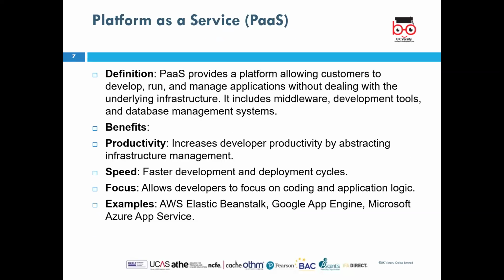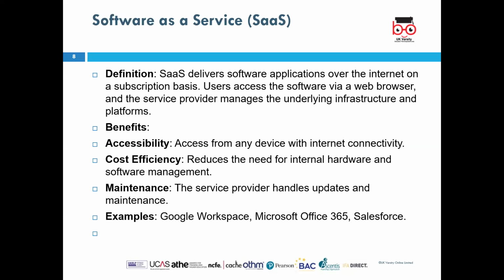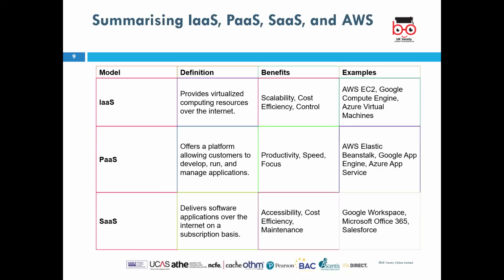Then we spoke about platform as a service, which provides a platform allowing customers to develop, run, and manage applications without dealing with the underlying infrastructure. And lastly, we also explained software as a service, where it delivers software applications over the internet on a subscription basis. So we made examples and explained the difference between the three of them.